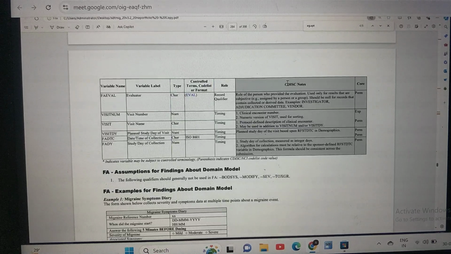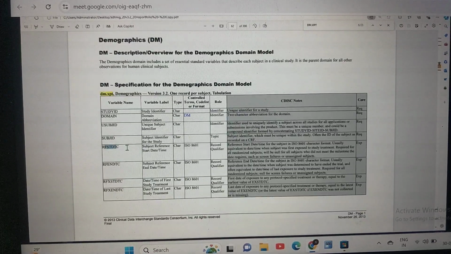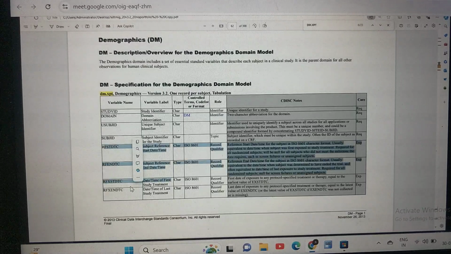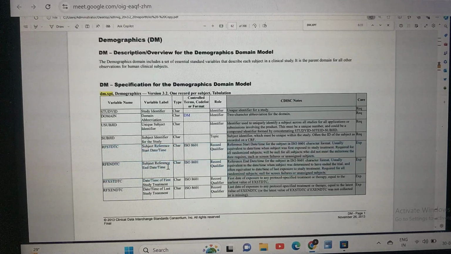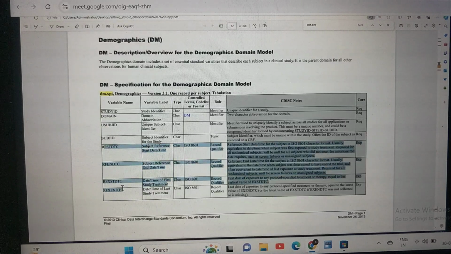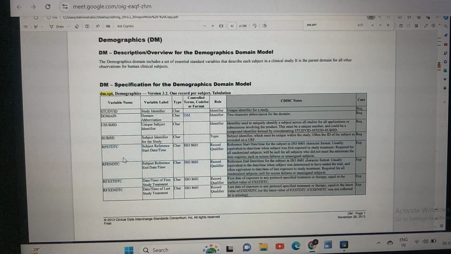Is that clear? FSTDTC is a record qualifier. It's not a timing. When we see these variables, we have the whole date variable, so everyone will think this is a timing qualifier. But actually it's not.